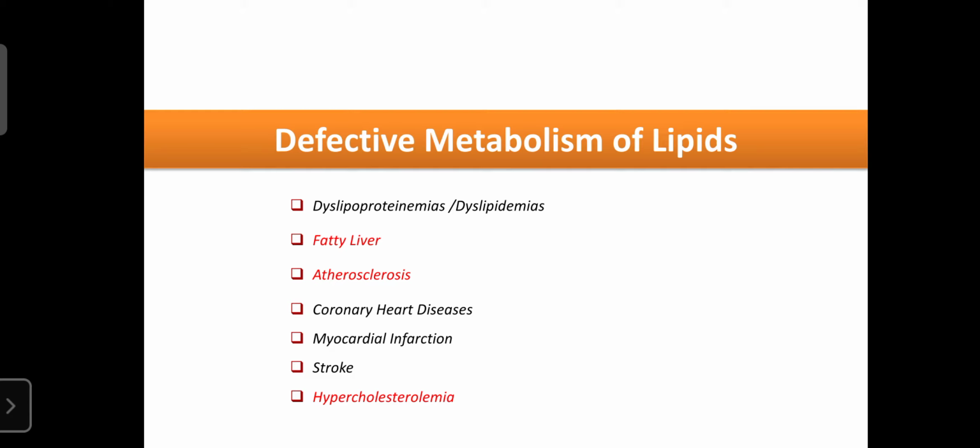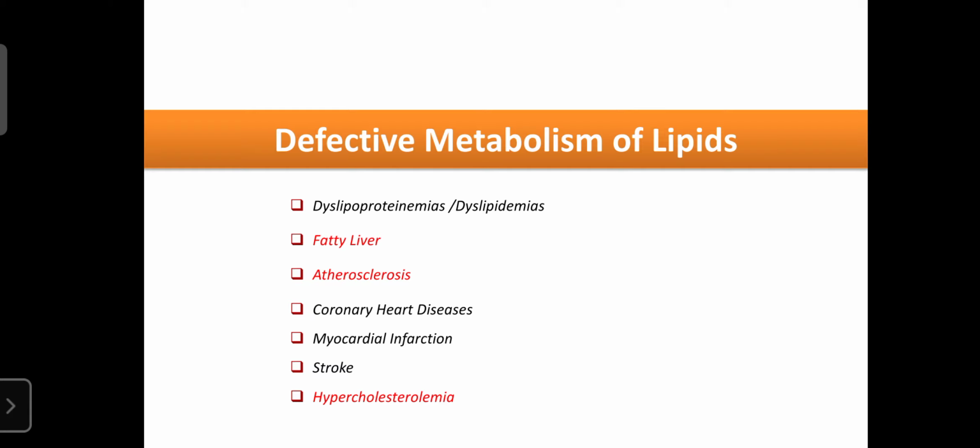Lipoproteins play an important role in transporting cholesterol and triglyceride from the GIT to different parts of the body, or from different parts of the body to the liver or adipose tissue for storage. So if there is a deficiency in the synthesis of phospholipids or lipoproteins, the person suffers from lipoprotein deficiency. That condition is known as dyslipoproteinemia or dyslipidemia.